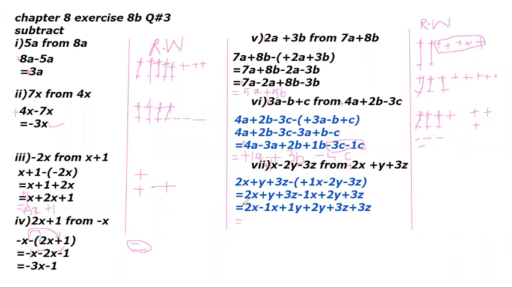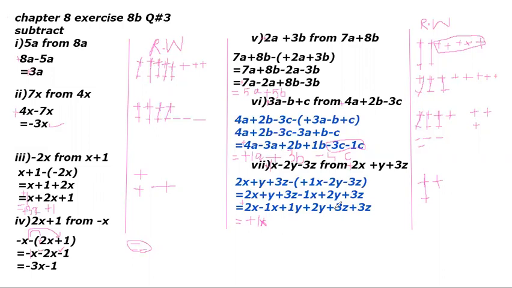Okay, 2x means that it is positive 2x. Positive 2x means positive x 2 times. Negative 1x means negative x 1 time, cancel out and positive 1x is left over. So positive 1x is our answer for these like terms.